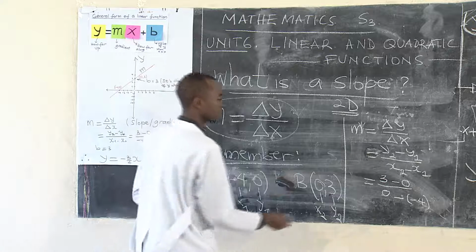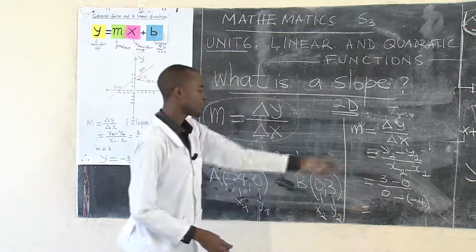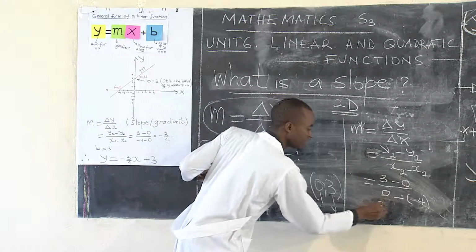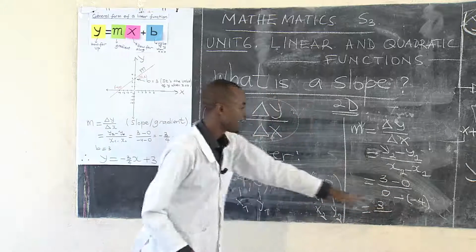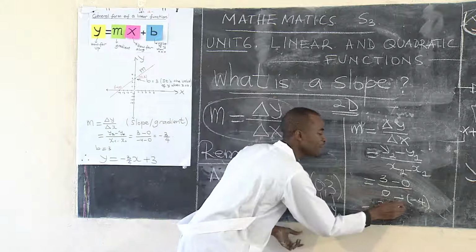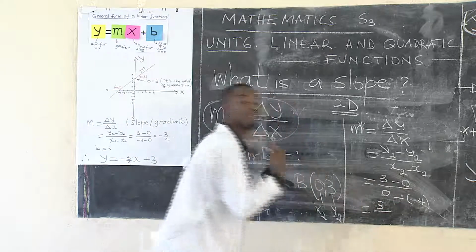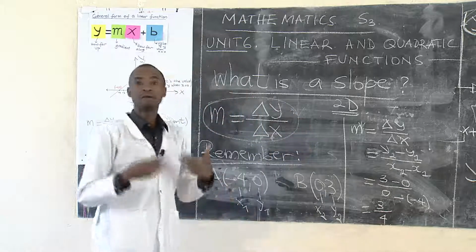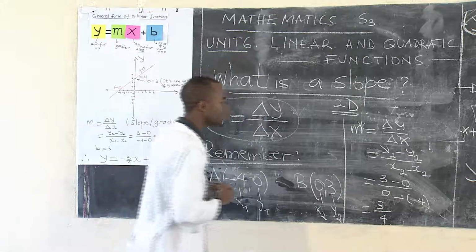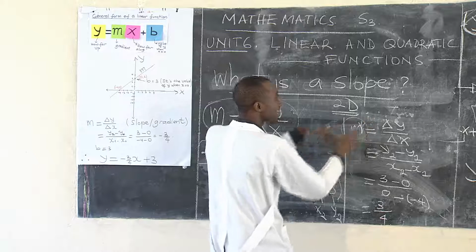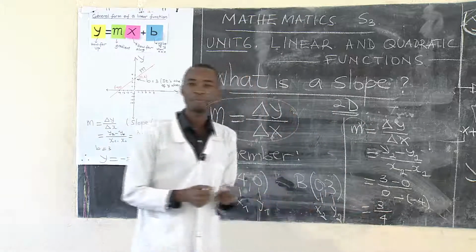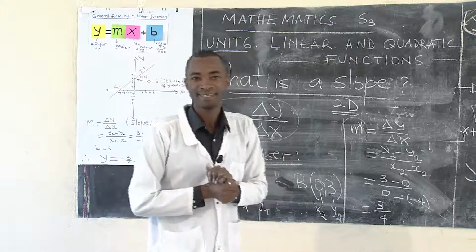This is what we have. Now, you calculate. 3 minus 0, it is 3. Then 0 minus negative 4, when you have minus and minus, it gives you positive. Now I have 4. You see, the gradient of the line is equal to 3 over 4. Everyone is understanding this.